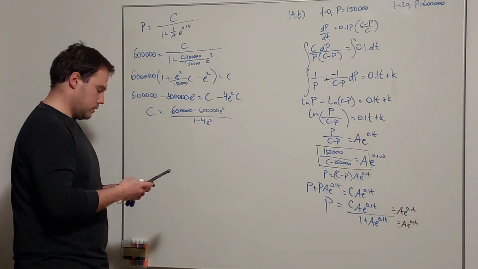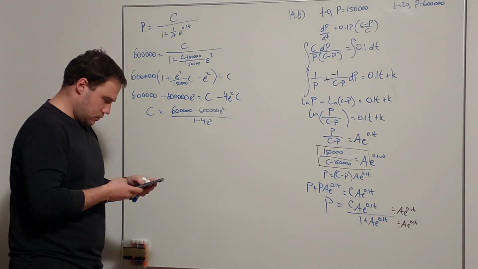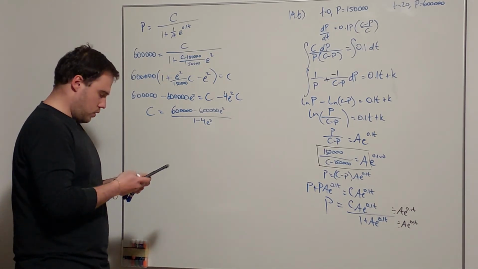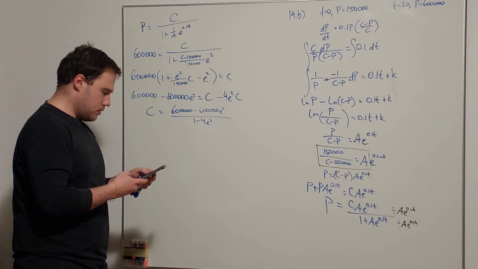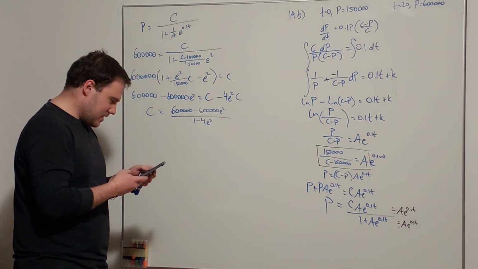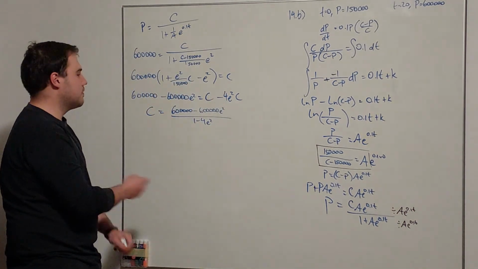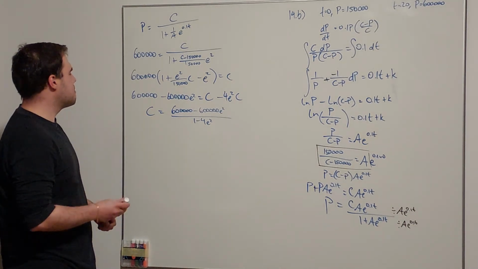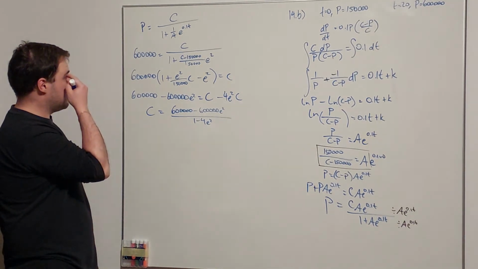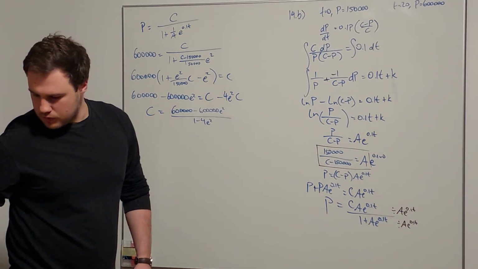600,000. Come on. Oh no. 134,000. I was probably too ambitious somewhere. I think I did this slightly differently earlier as well.